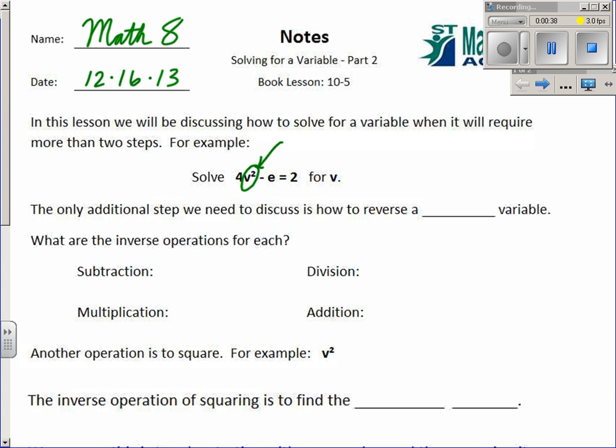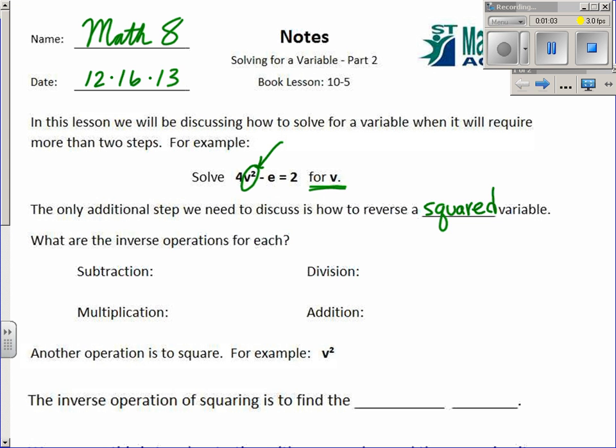You can see that in that example where you have to solve 4 times v squared minus e equals 4v. So we'll talk about the steps to unsquare a variable. To fill this in, the only additional step we need to discuss is how to reverse a squared variable.